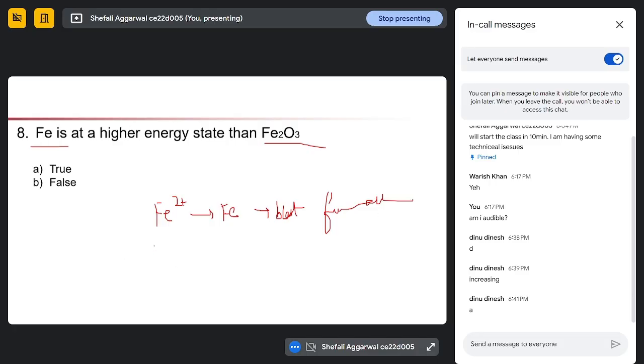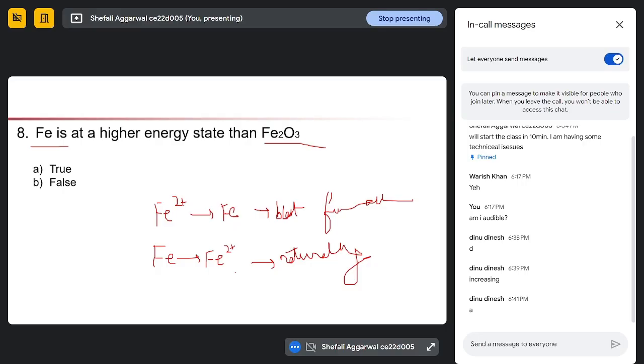However, when iron is oxidizing into iron oxide, that is happening naturally, right? In the presence of oxygen or moisture. If this process is happening naturally, which one is the more stable state? Pure iron or iron oxide?